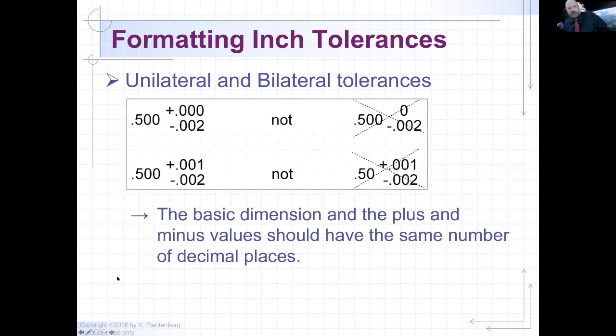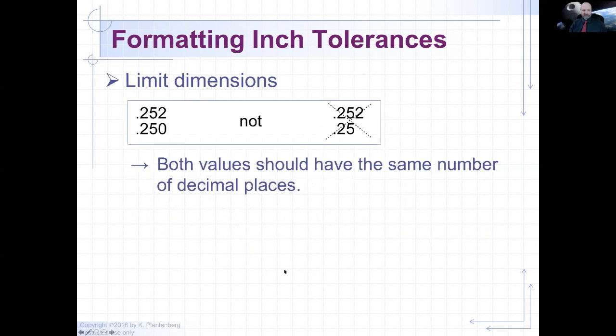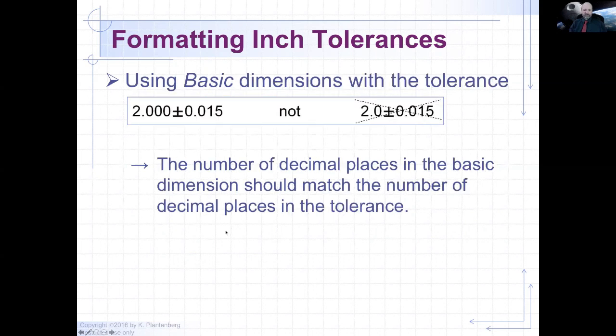So here are some more examples: unilateral and bilateral tolerances. It's okay to put multiple decimal places here. Limit dimensions, same thing, same number of decimal places. But basic dimensions with a tolerance, you don't do that.